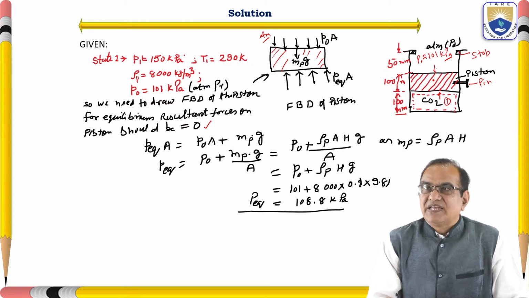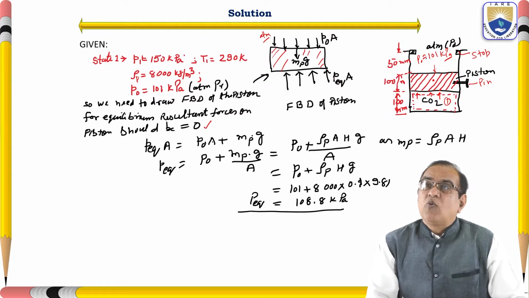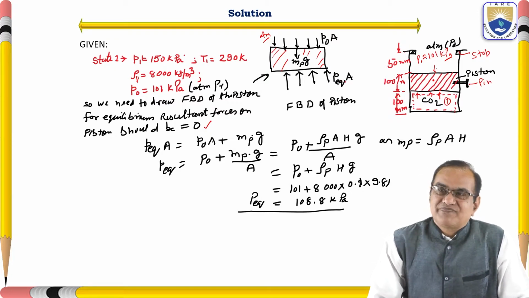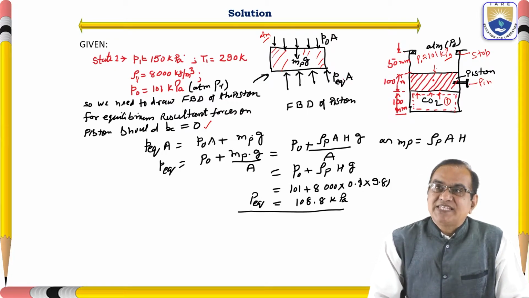This is the area, pi by 4 d square. So here P naught into A. And the gas pressure is acting here, which is P equilibrium. So we have to find out what P equilibrium is, which acts towards the upward side.